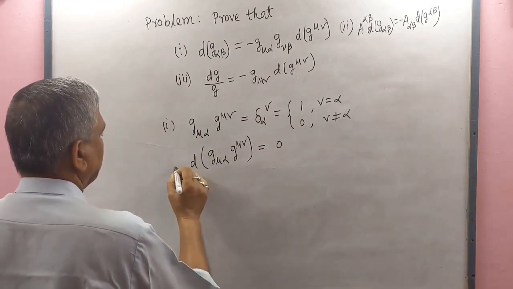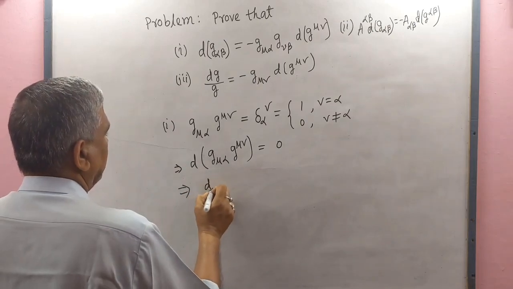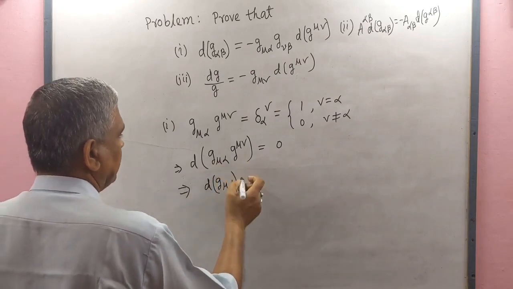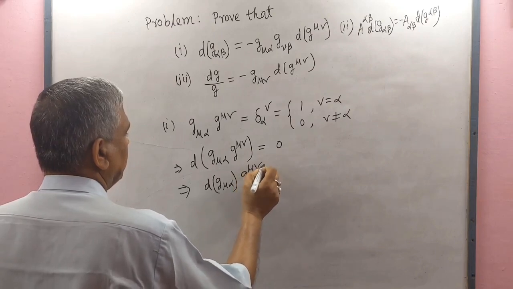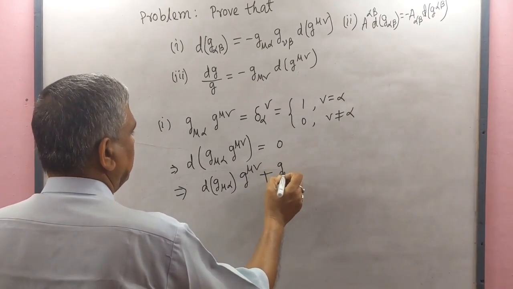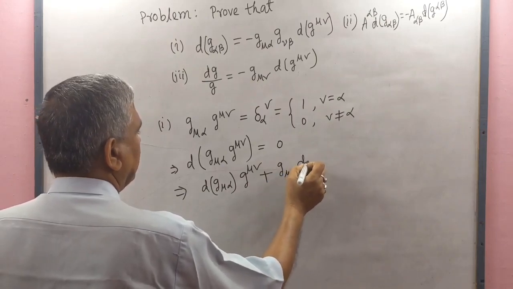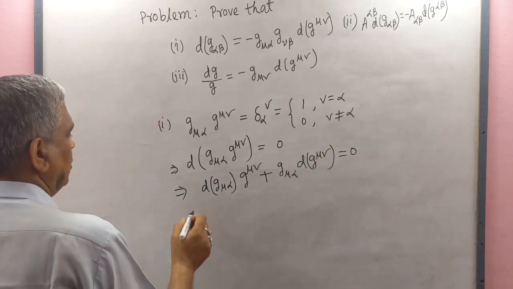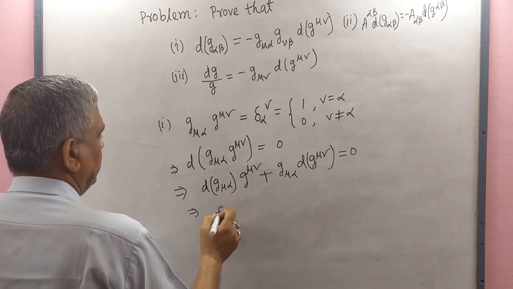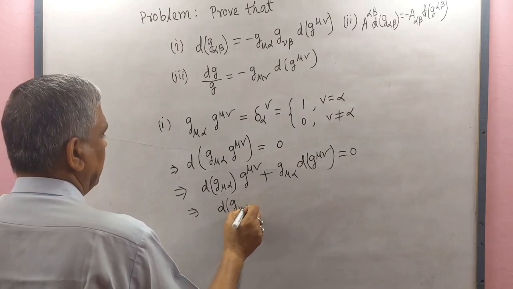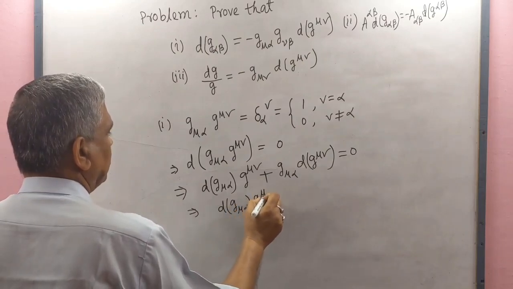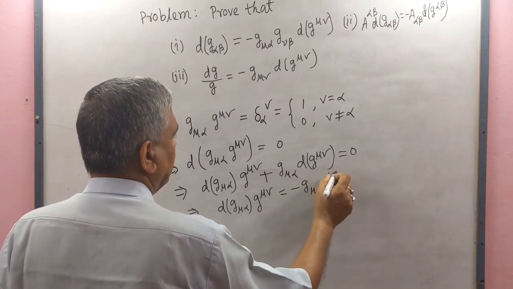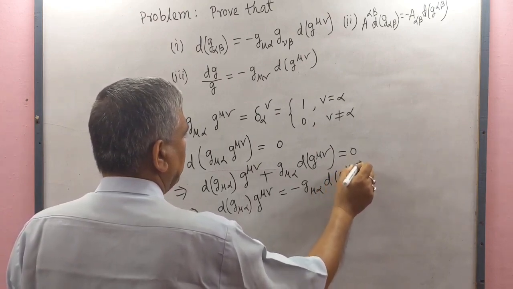So we may write this d g mu alpha, differentiate from first, second constant, g mu nu plus g mu alpha d g mu nu equal to 0, which implies that d g mu alpha g mu nu equal to minus g mu alpha d g mu nu.